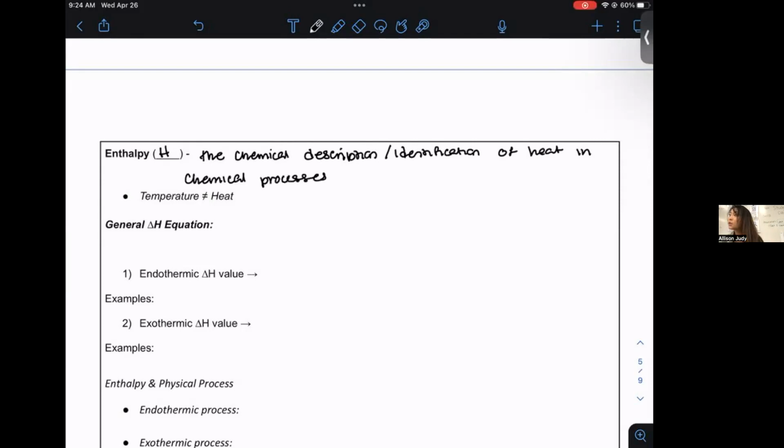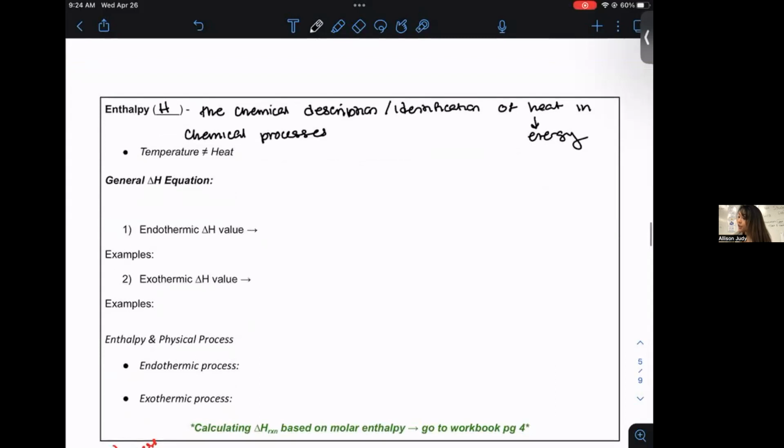The reason I changed from just writing potential energy overall is that really what we're saying is that there's an overall heat energy change for the particles from beginning to end. And obviously heat energy in general, keep in mind that heat is not equivalent to temperature. Temperature measures kinetic energy. Heat is a form of kinetic energy. Temperature is the thermometer. Heat is the actual thing that you experience.